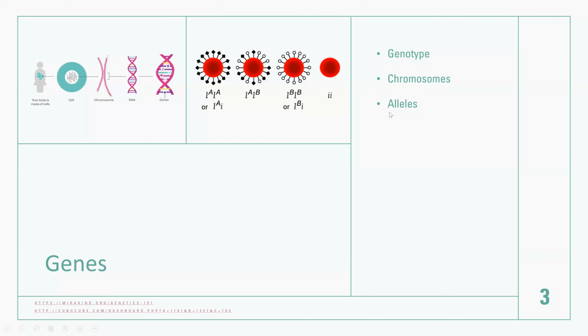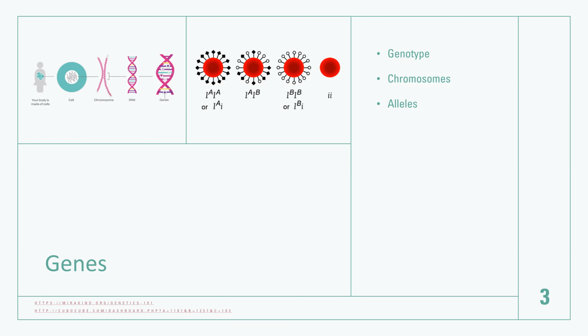But there's definitely different ways to express each gene, and those are called alleles. Alleles are the different sequences that code for the same gene. However, alleles have differential expression, so they show up differently in your body, whether it's visible or not.